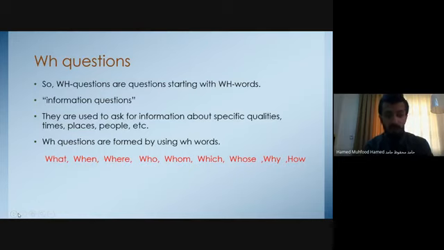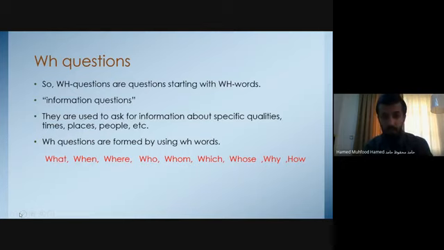For example, we said that what is used to ask for things, inanimate things. We said that we use when to ask about time and dates. We use where to ask about place and locations. We use who to ask about people. We use whom to ask about people when they are the object of the verb of the sentence.